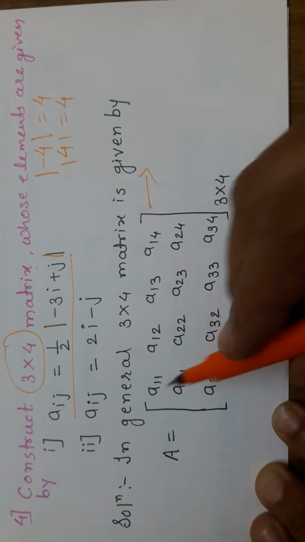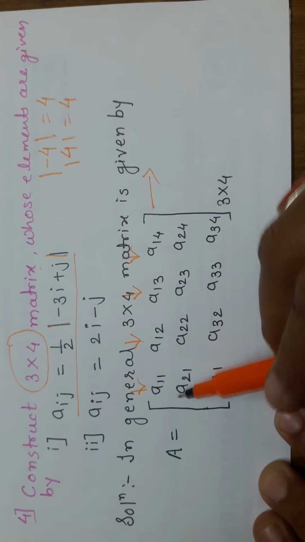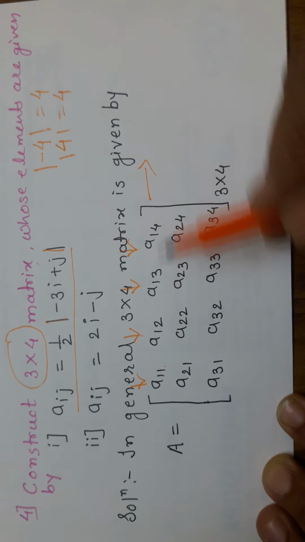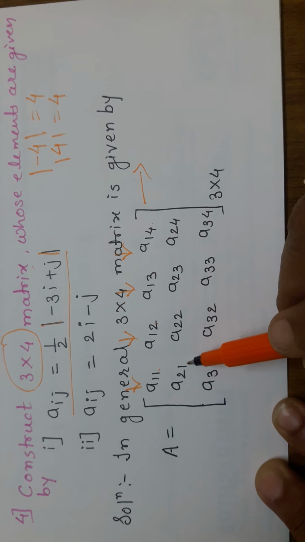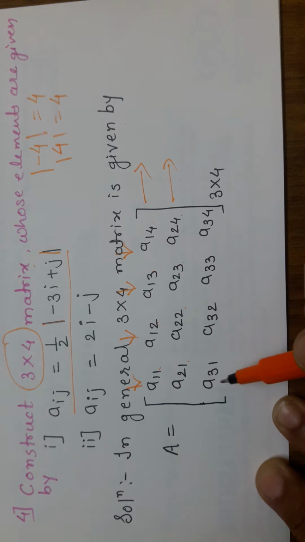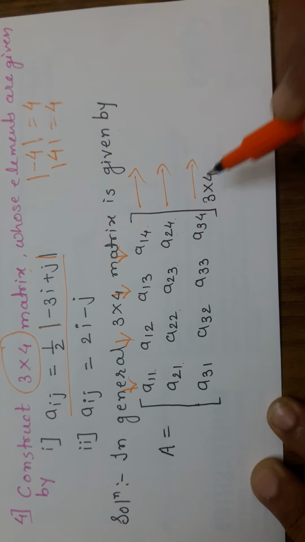This is the first row. And these are the columns. How many columns are there? 4. That's why A11, A12, first row is 1, 1, 1, 1, but the column is changing 1, 2, 3, 4. A21, A22, A23, A24. This is the second row. And A31, A32, A33, A34. This is the third row.